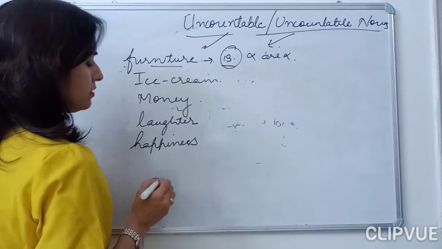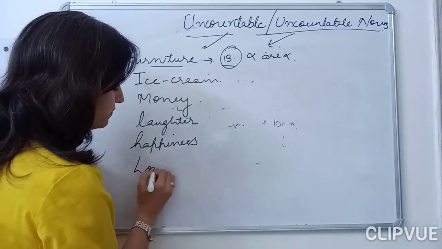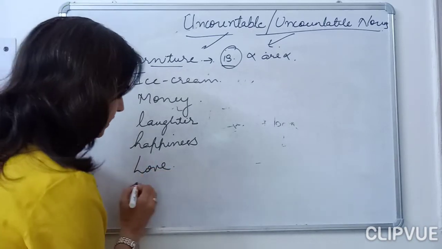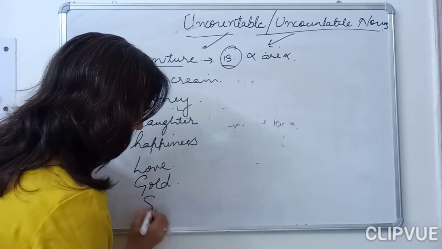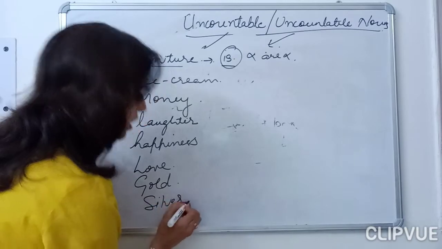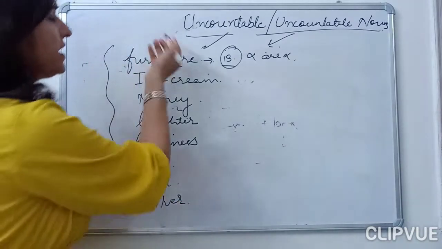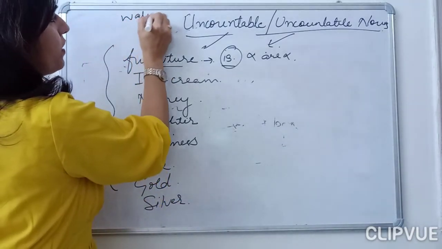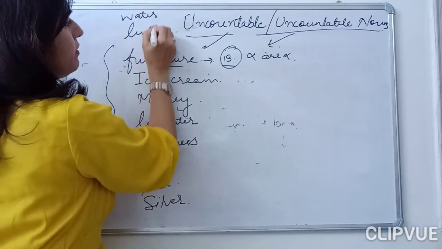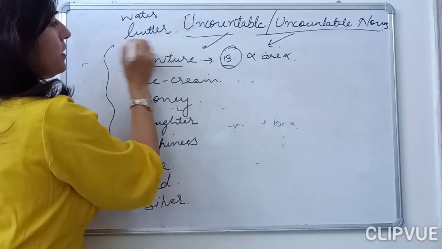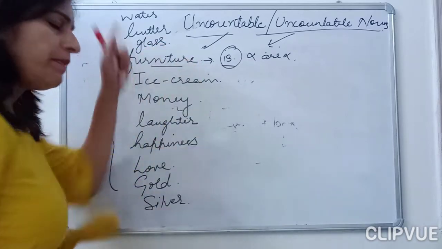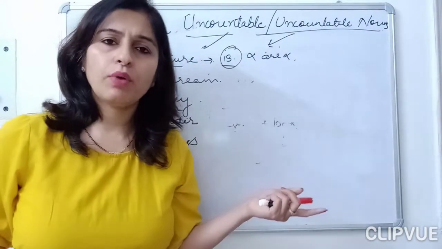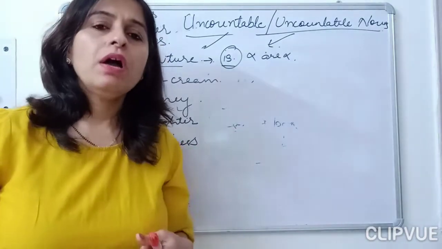Then suppose I take love. Then I'll take gold, then silver. Now, all these nouns, children, I can add many more. Here, see, water, butter, then glass. There are many such uncountable nouns, and we will do more of it.